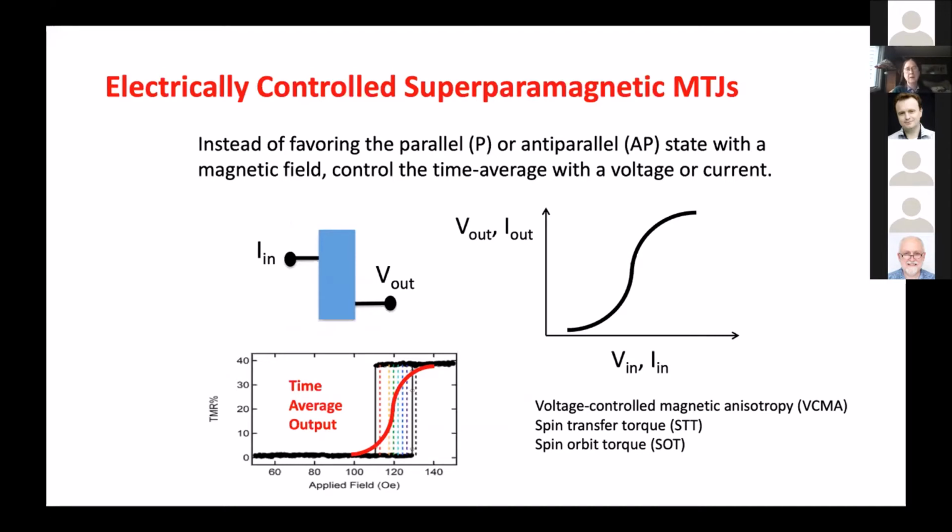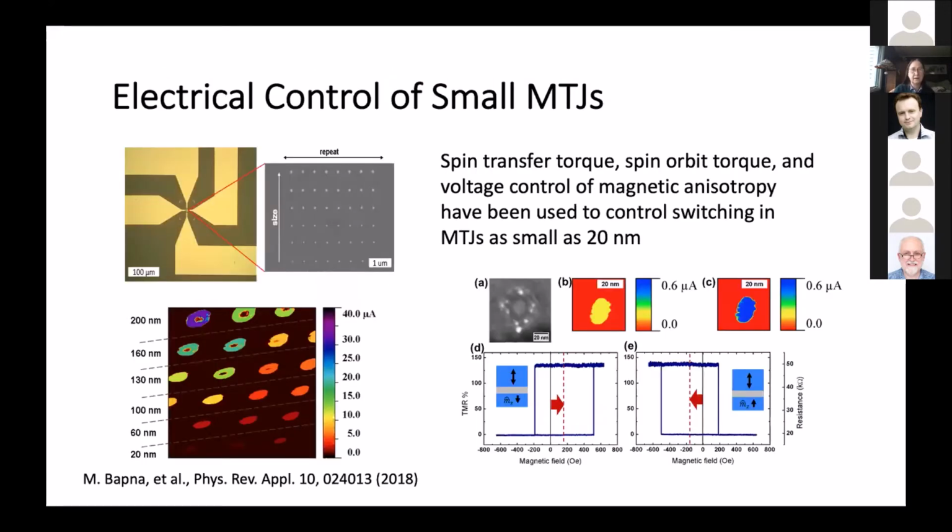Fortunately, in spintronics, there's lots of options for how to control magnetization. For perpendicular magnetization, we could use voltage-controlled magnetic anisotropy. And in general, if we've got a conducting material, we can use spin transfer torque or spin orbit torque. We've used all three in our devices.